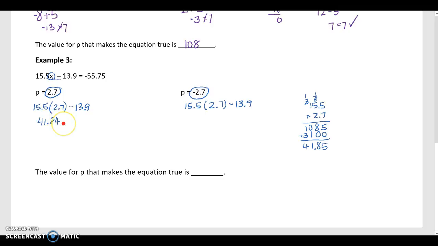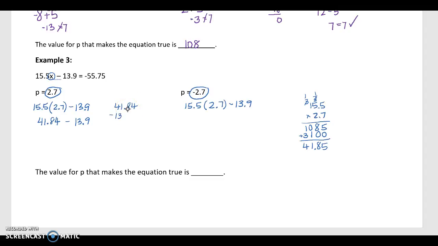So over here, I have 4184. I'm subtracting 13.9. So is my answer going to be positive or negative? If I have a big number minus a small number, it's going to be positive, right? So that can't be our answer.